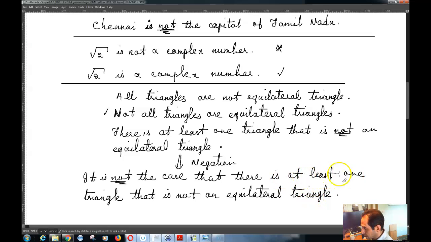There is at least one triangle that is not an equilateral triangle, meaning that it's some other sort of triangle.